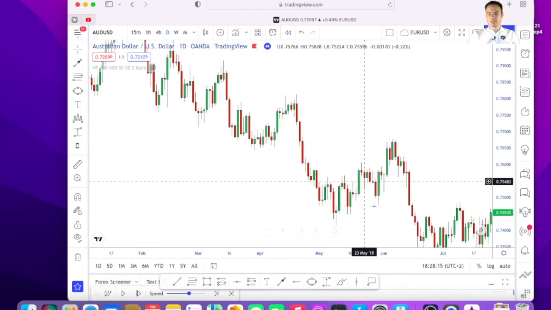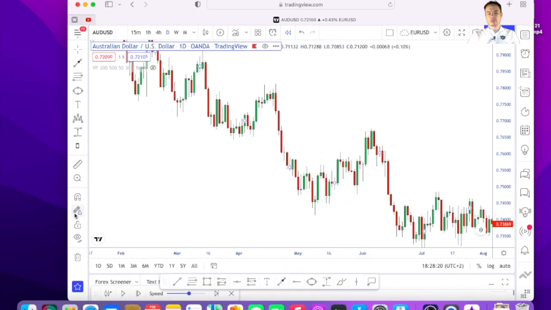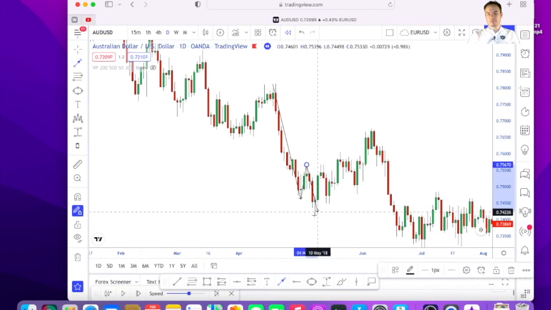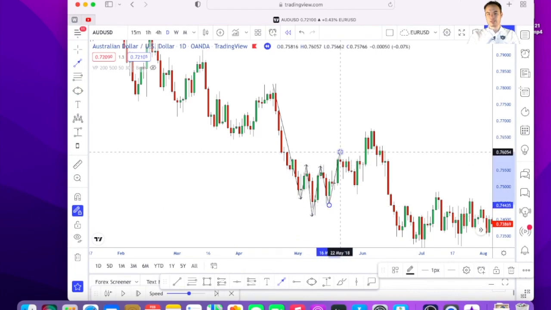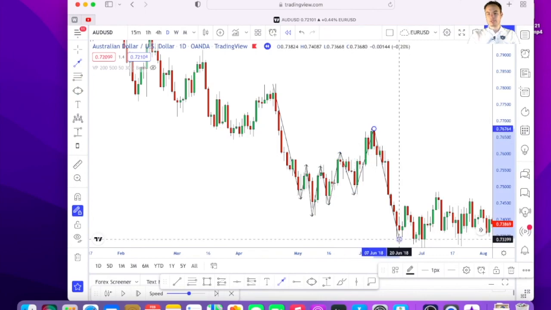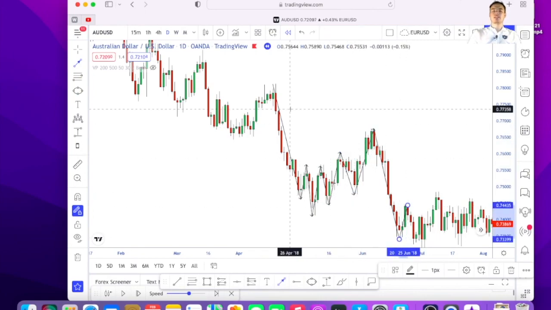Just put your arrows on your swing points. Swing point, just like that. Just practice on your swing points. So that's a simple way of plotting market structure.